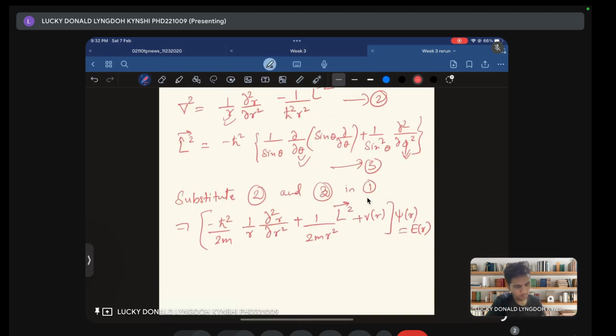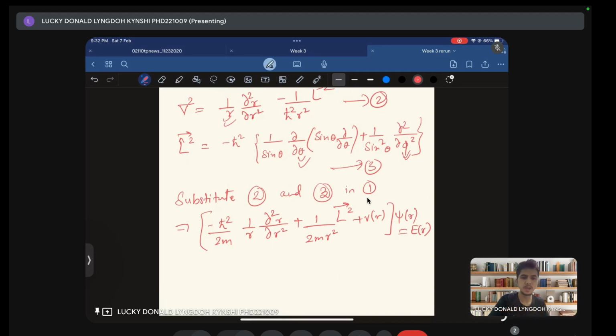Okay, if you look carefully, what is the final solution of these problems? You can predict that your wave function psi of r should depend upon the radial part, which is a function of r, and also the second part, which is a function of theta and phi.